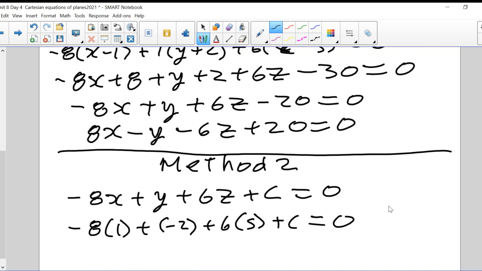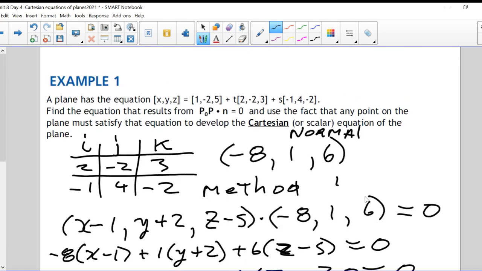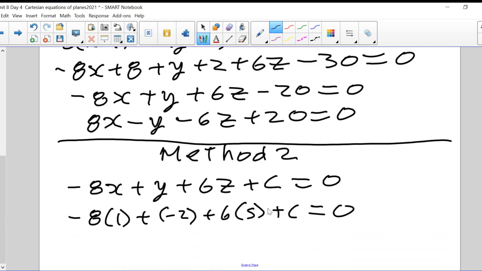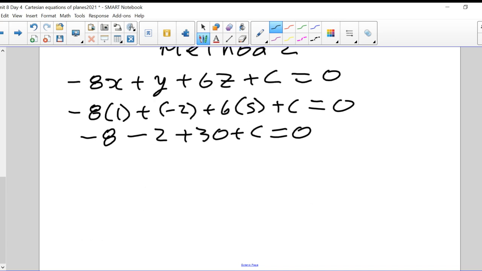Quinn is absolutely right about what he just said. Make sure I put the right numbers in. I'm not going to have a repeat performance from yesterday. 1, -2, and 5. Okay, perfect. So this is -8, this is -2, and this is plus 30, plus C equals 0. These look a lot like what we had before anyway.